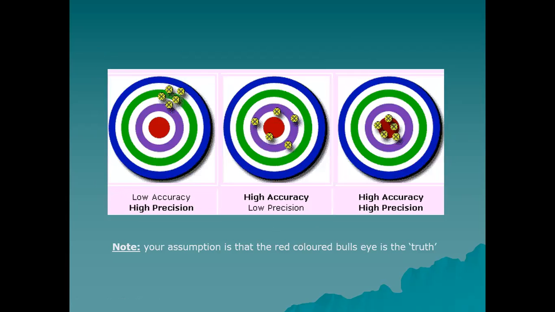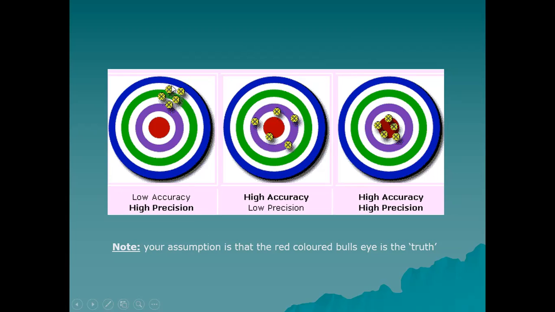So here we can get a visual of what we're talking about. So we're using these illustrations here. You have a little, like a dart board and dots, and the red dot represents our true location, right? And these little yellow dots represent our measurements.